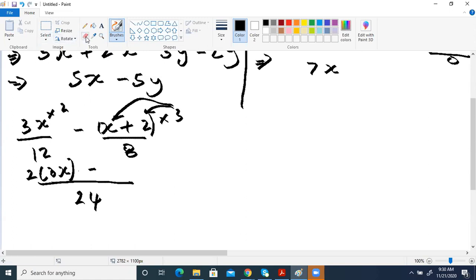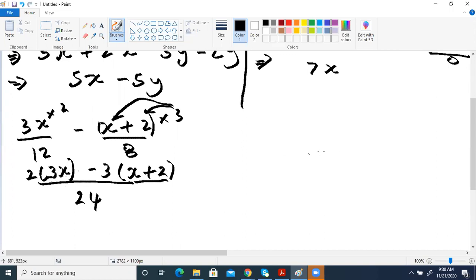This three looks like an 8, let me try again. And then this one now, you can have the 3 and then the x plus 2.